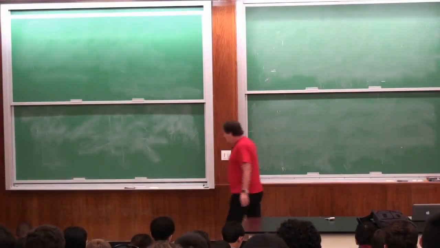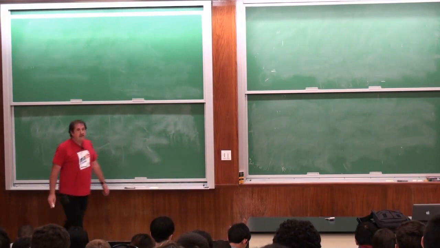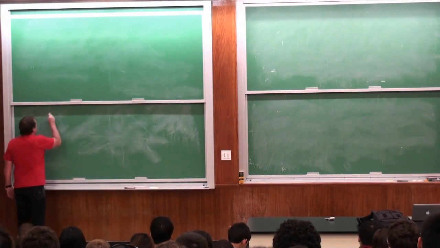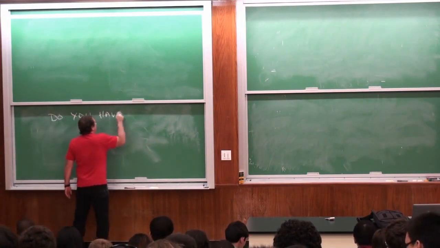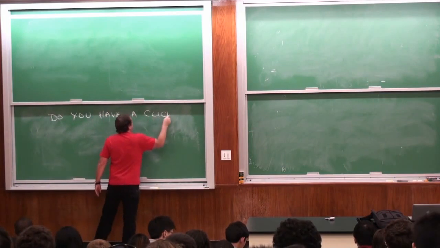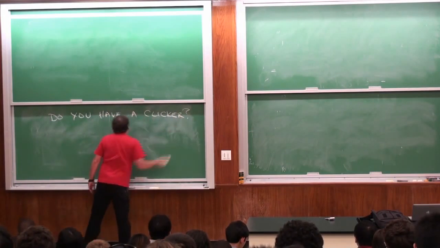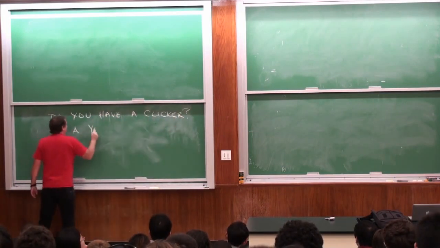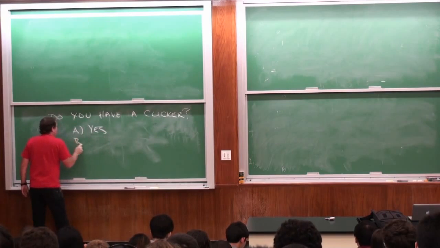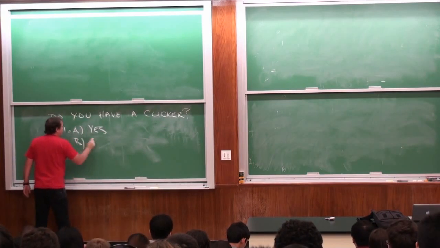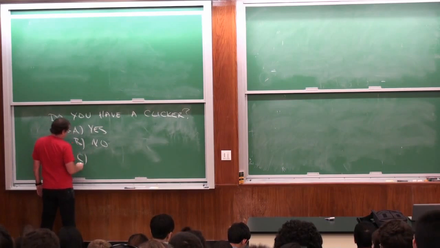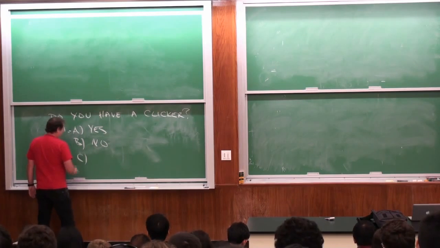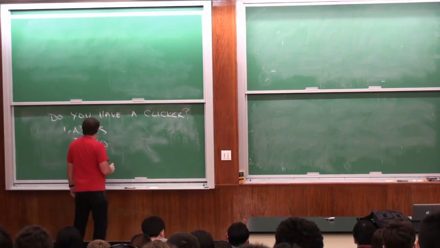Oh, sorry. Since you have your clickers here, let's have our first clicker question. A is also the same as 1. Should be 41.